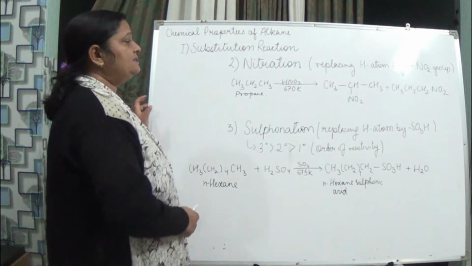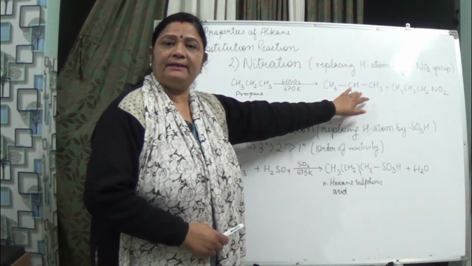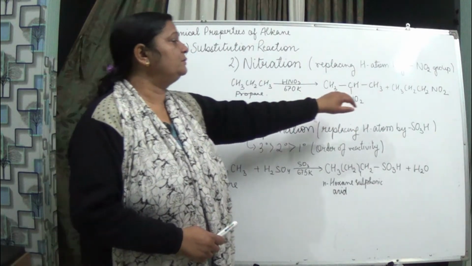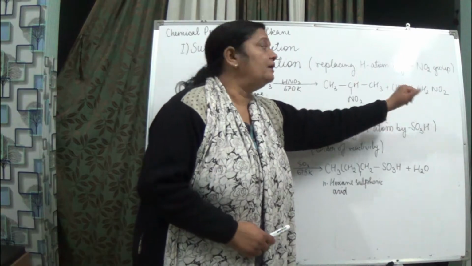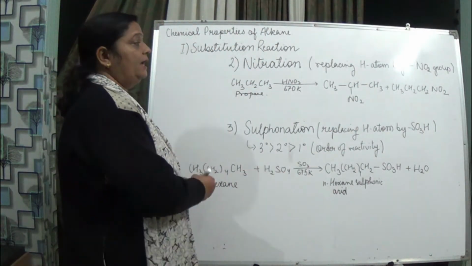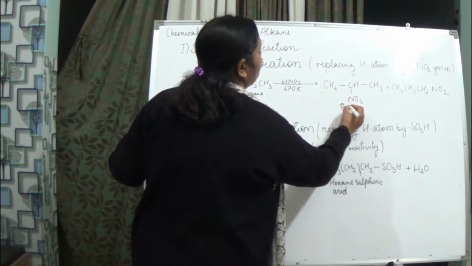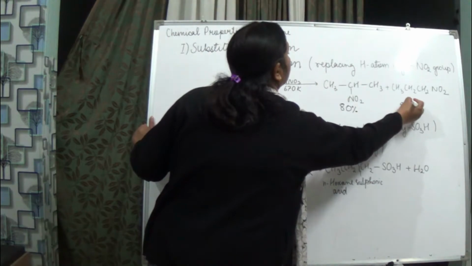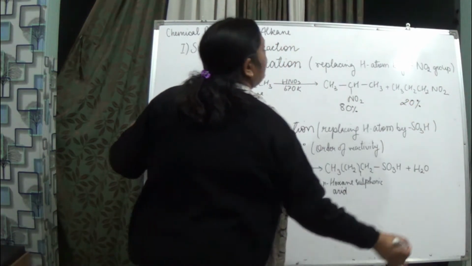Here we can see that one hydrogen has been replaced by the nitro group. Here also you can see one hydrogen has been replaced by the nitro group. Here we are getting two products, one we will get in 80% and the other in 20%. But both of them we will get.